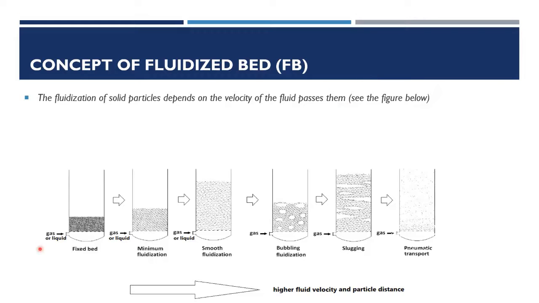We can see from the figure below. First we have a fixed bed. In this condition of fixed bed, the particles of the packing material do not move. So it stays at the same place.